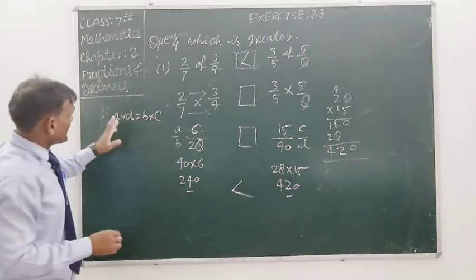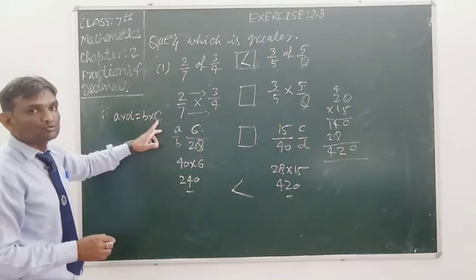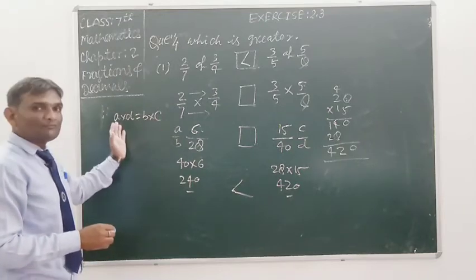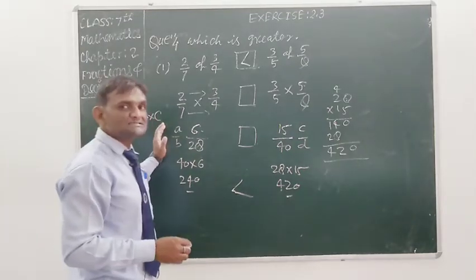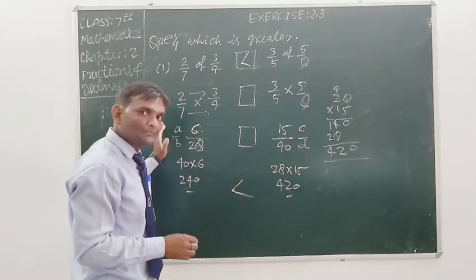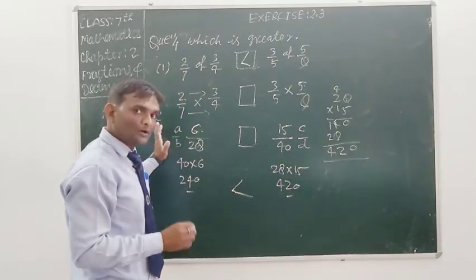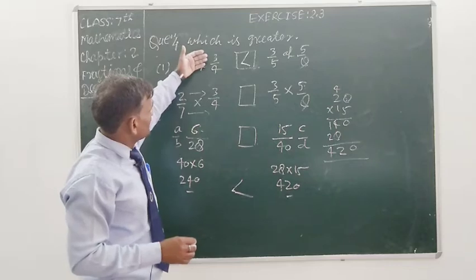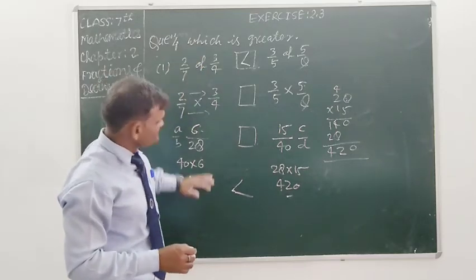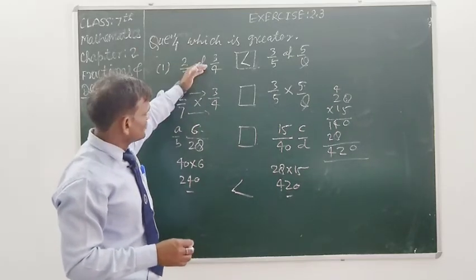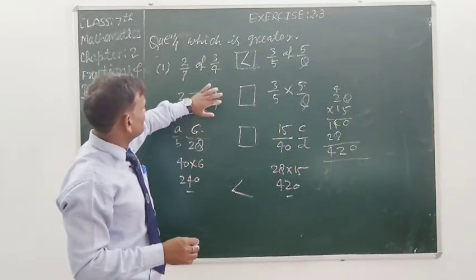But if A into D is not equal to B into C, it means one fraction is greater and the other is smaller. Okay, student, so you will give your solution like this. I hope student you have understood this question very well.